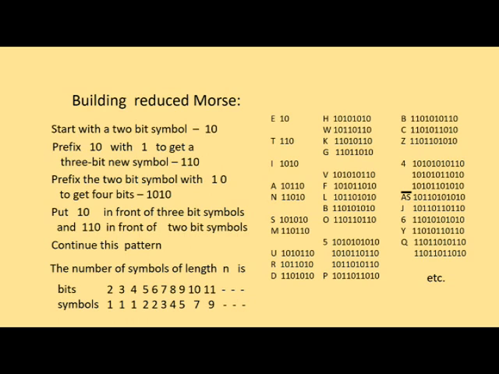You can follow through it if you wish, and you find that the number of bits in a symbol and the number of symbols of that many bits is as follows. 2 bits gives you 1 symbol, 3 bits gives you 1 symbol, 4 bits gives you 1 symbol. 5 yields 2 symbols, 6 yields 2 symbols, 7 yields 3 symbols, 8 yields 4 symbols, 9 yields 5 symbols, 10, 7 symbols, and 11 bits, 9 symbols, and so on.